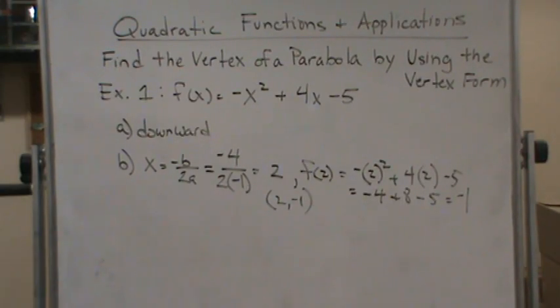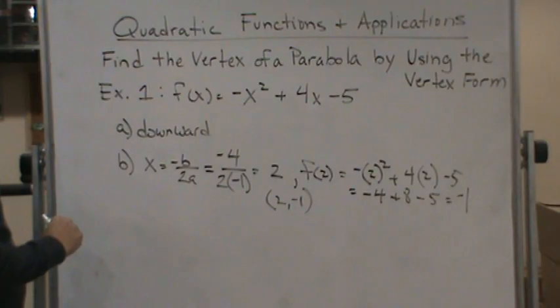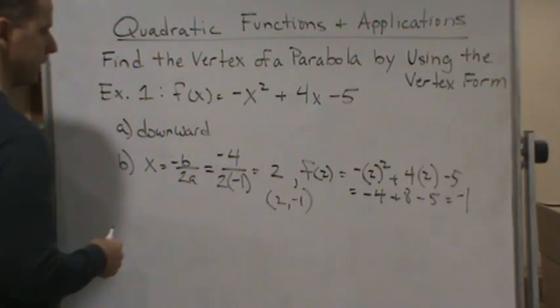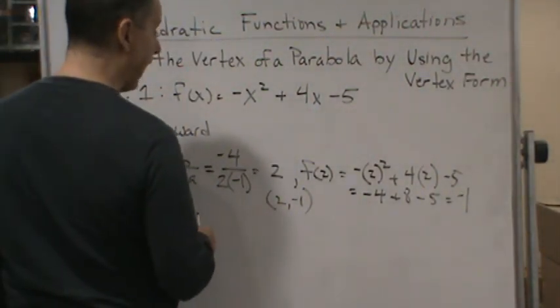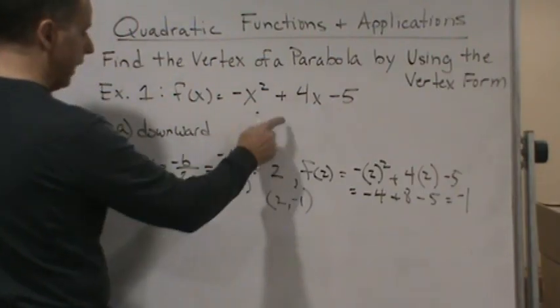Okay, x-intercept. Where is the x-intercept? Again, we set this equal to 0 and solve. Now we could do this a couple different ways. We could see if it's factorable. So again, factor out a negative 1.